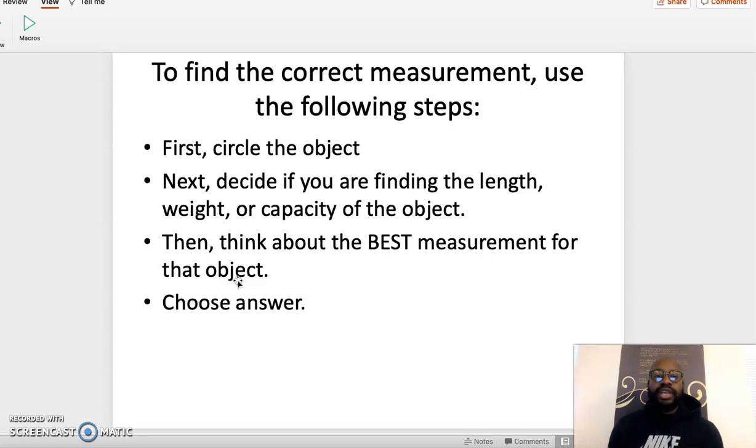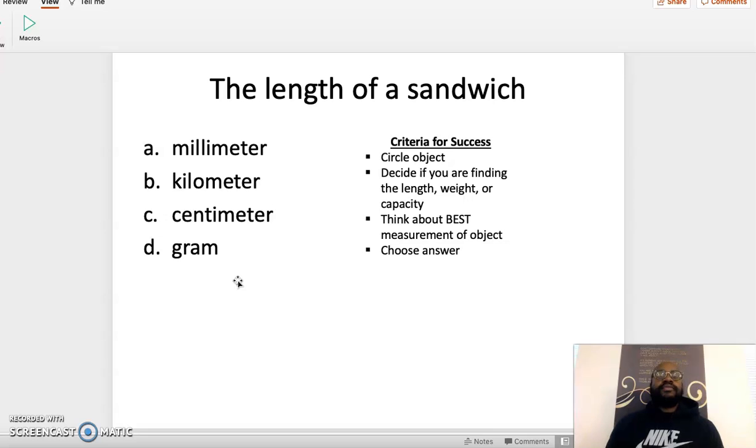You're going to watch me answer a couple of problems, and then you're going to use the same strategy when it is your turn. So it says the length of a sandwich. Looking at my criteria for success, the first thing I'm going to do is circle what they're asking me to find, the sandwich. So if I think about a sandwich, I've seen a sandwich, I know what it looks like. Cool. But what do they want me to find?